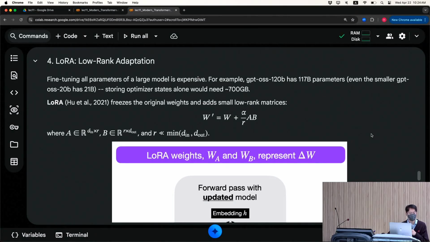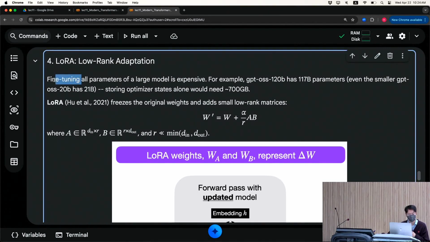But what if you want to fine-tune or retrain the model on a specific data set, for example, or some specific task? Then you need to do what's called fine-tuning. All this means is you initialize the weights with the given trained weights, and you start training again on a different loss objective or a different data set, whatever you want. As opposed to randomly initializing your weights, you're going to initialize the weights to pre-trained model weights.